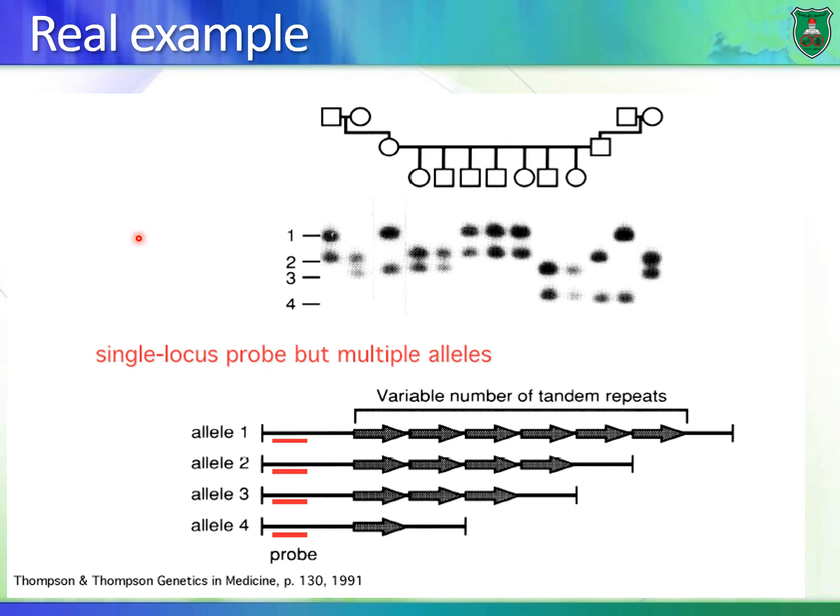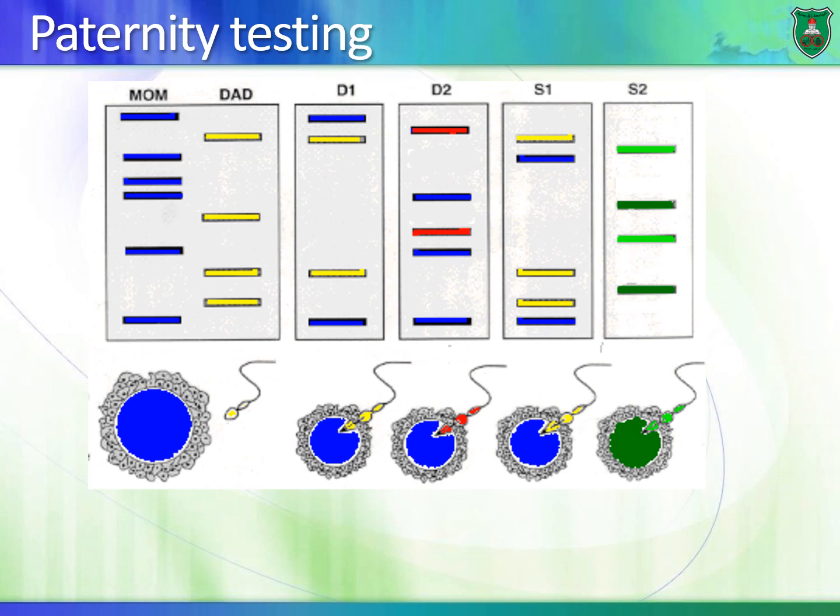Rather, they look at multiple VNTRs and STRs. So we can use this for paternity testing. Same idea as I showed you before in the previous lecture, or in this one right here. You can see the pattern between the parents versus children.